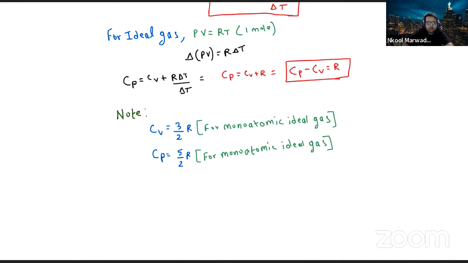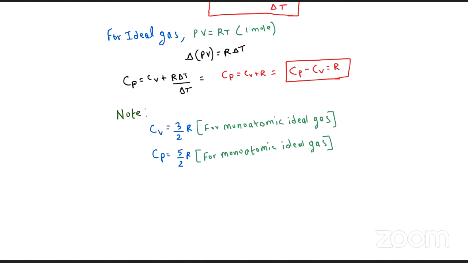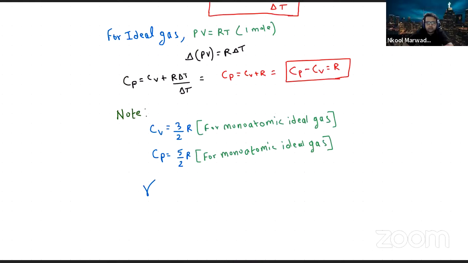So for monoatomic ideal gas, we have Cv, Cp, and we have something called the heat capacity ratio, that we represent like this. It is the heat capacity ratio.